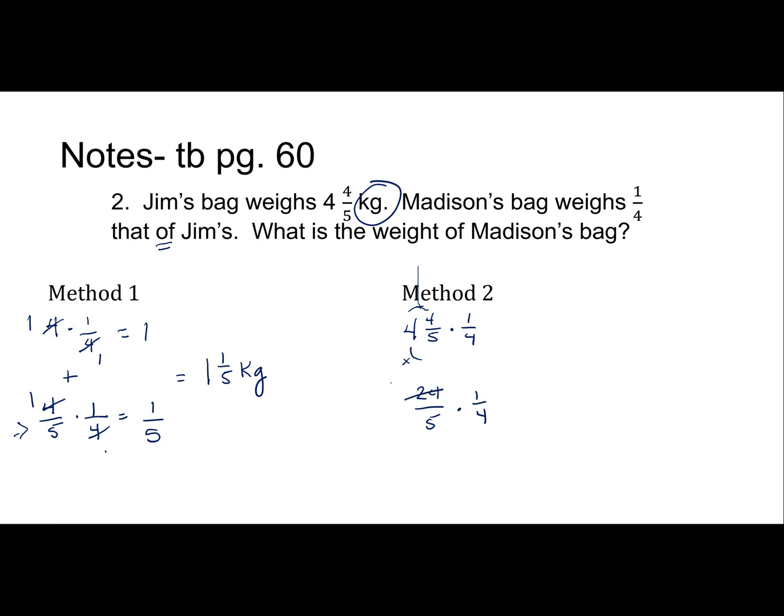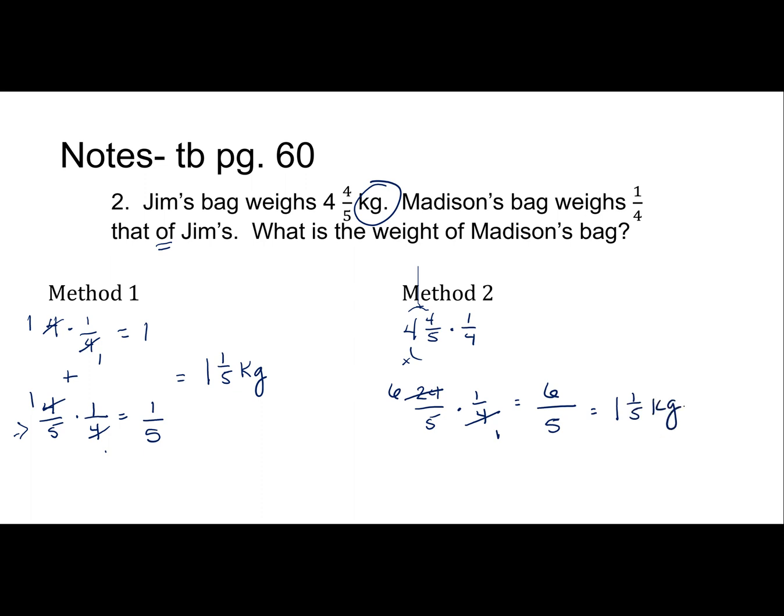Okay. What am I dividing by? 4? Okay, so you're doing this one, and then 4 becomes 1. So now I have 6 times 1. And then 5 times 1, I get 6/5, and we're going to change that back into a mixed number. And we get the same thing.